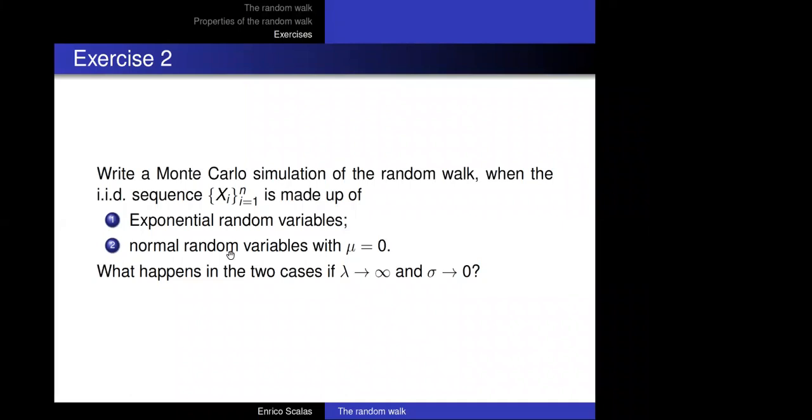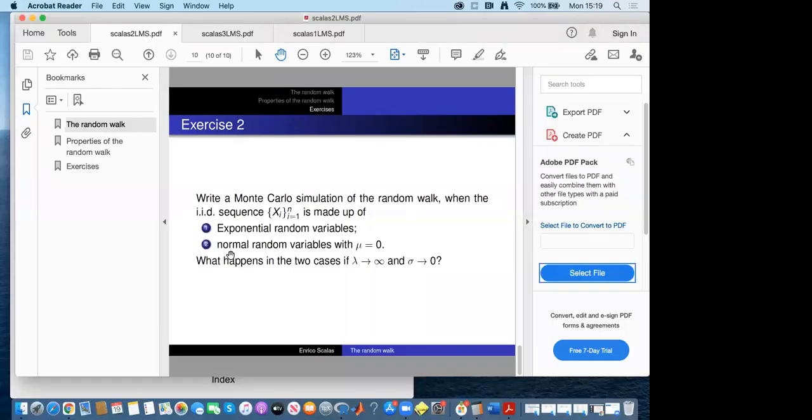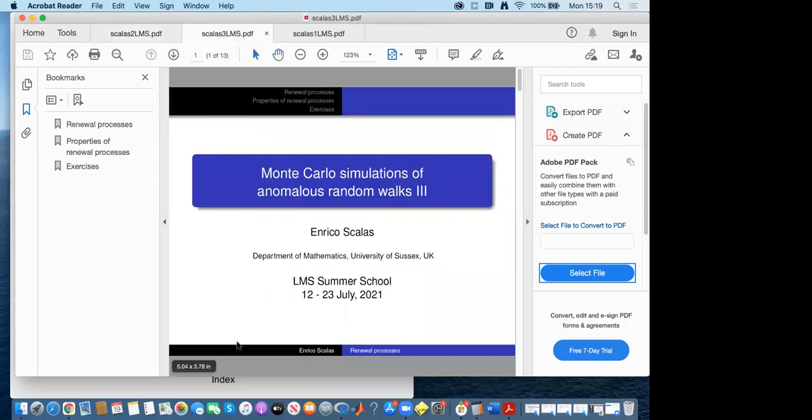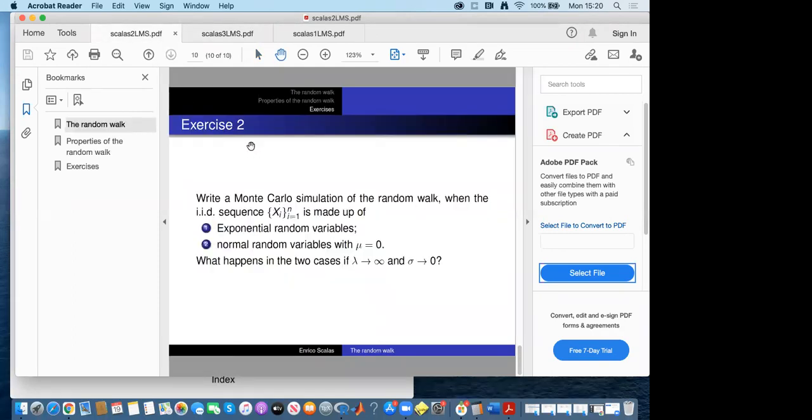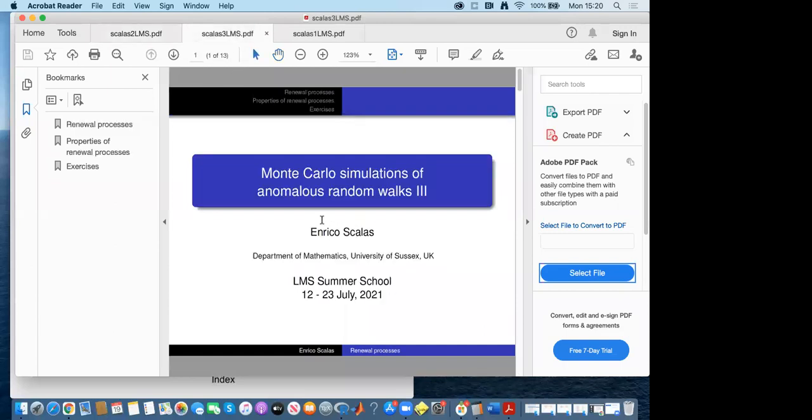And I believe we are almost 10 minutes before the end, so I have to stop here in order to start the discussion. But before stopping, the second ingredient that we are going to discuss tomorrow morning are renewal processes. So I believe that many of you were already familiar with random walks.